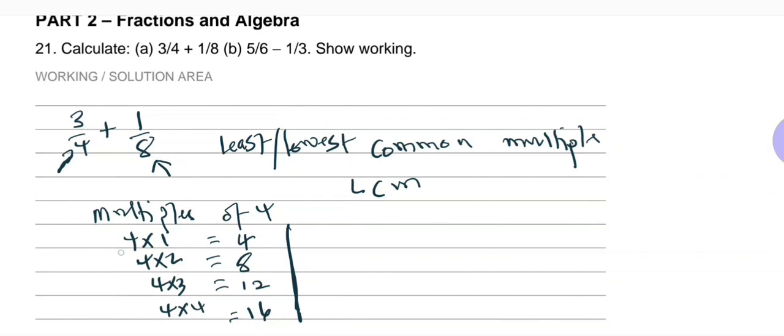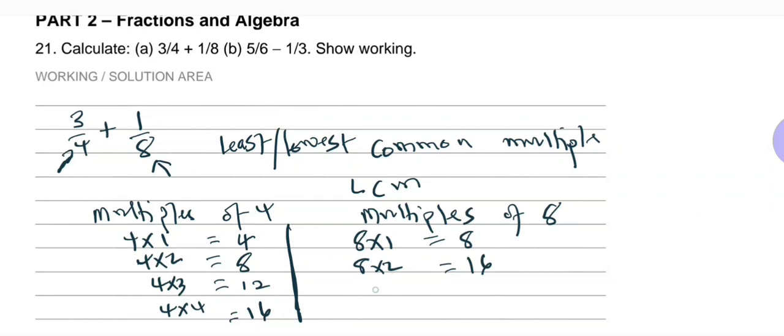Okay. So now we found the multiples of 4. Now let's find the multiples of 8. So multiples of 8 will be 8 times 1 is what? 8 times 1 is 8. 8 times 2 is what? 16. 8 times 3 is what? 24.